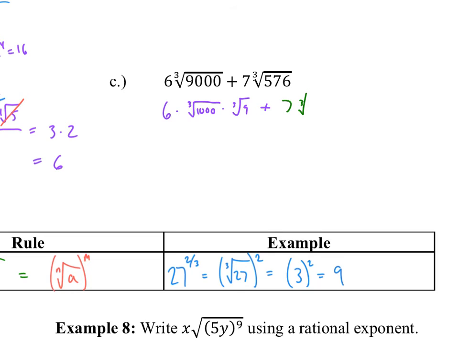It turns out the perfect cube that goes into 576 is 64. 64 times 9 is 576. And 64 is 4 times 4 times 4. So it's a perfect cube.